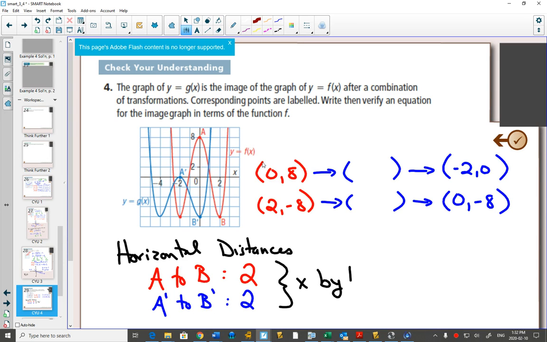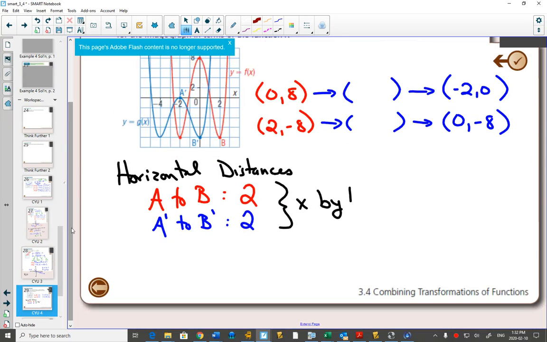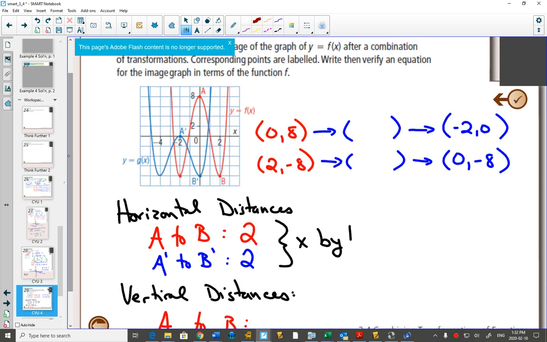Nothing changed, so you can say x by 1, or you can just say there is going to be no horizontal stretch or compression. It's going to stay the same. They still stay 2 apart. But when we get to our vertical distances, on our red graph from A to B, okay, and now A is up here at 8, and B is down here at -8.